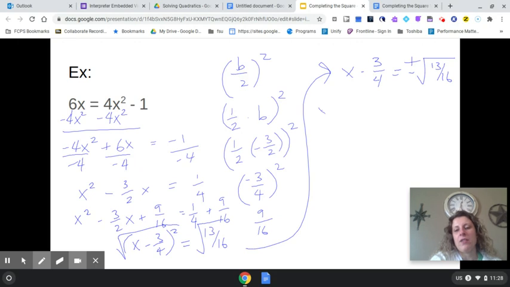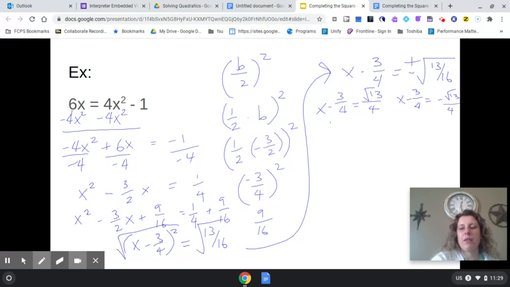Splitting that up into two equations, x minus 3/4 could equal positive root 13 over 4, because the square root of 13 is not perfect. And x minus 3/4 could equal negative root 13 over 4.